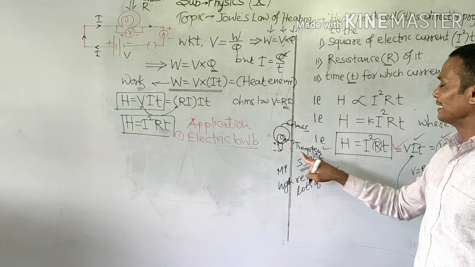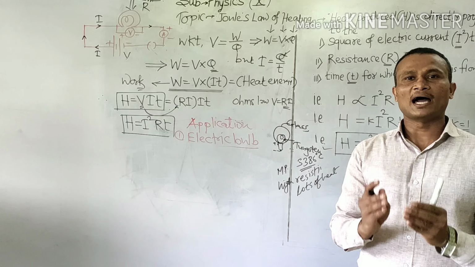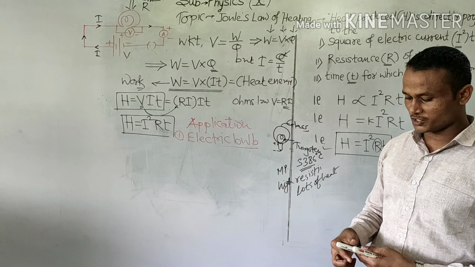So this tungsten filament gets heated up, and part of it gets converted into light, and we get to see it when the bulb is glowing. This is the simple physics behind the working of a bulb, and here we make use of Joule's law of heating. The greater the resistance, the more heat and the more light will be created. This is a simple application.